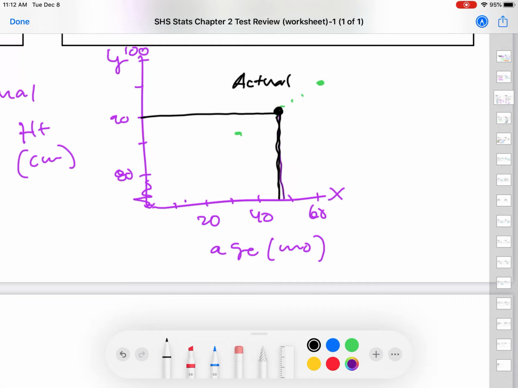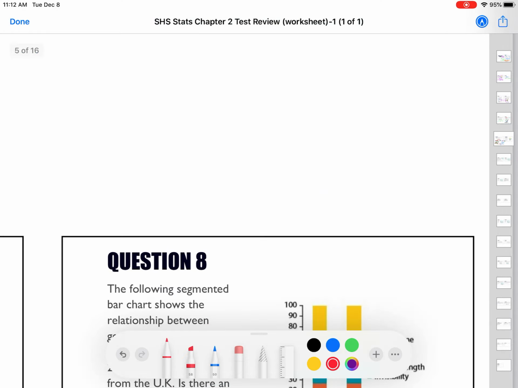But our predicted was actually here based on the line. So notice that our actual is lower. So that should give you a visual of how to do that problem.